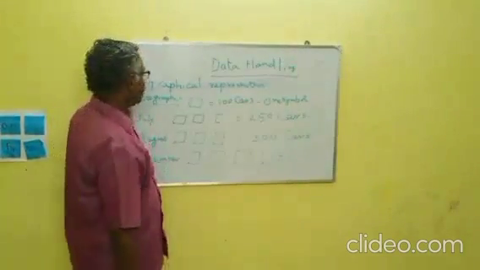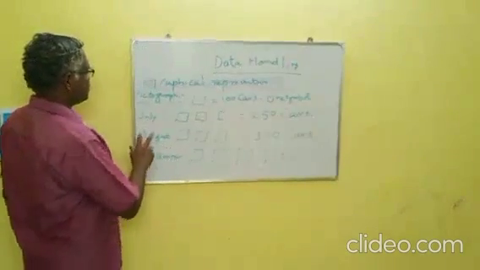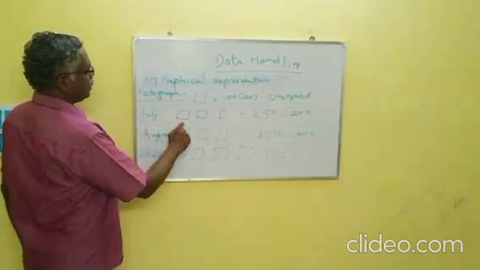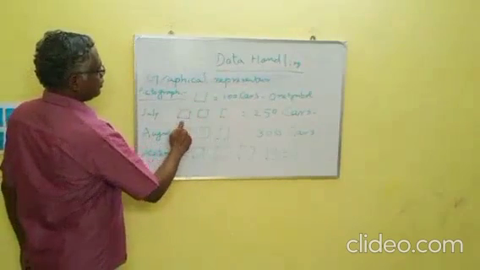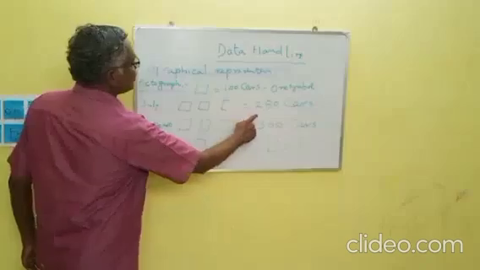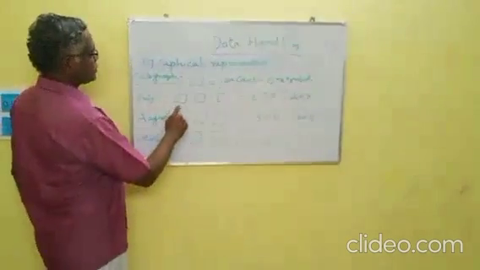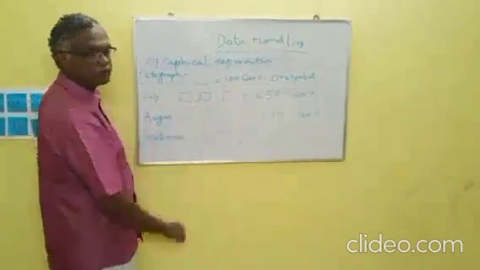Okay, you understand? So, for the number of cars produced in a factory in the month of July, we can infer from this pictorial representation that 250 cars have been produced in July. That is one symbol and here a half symbol.